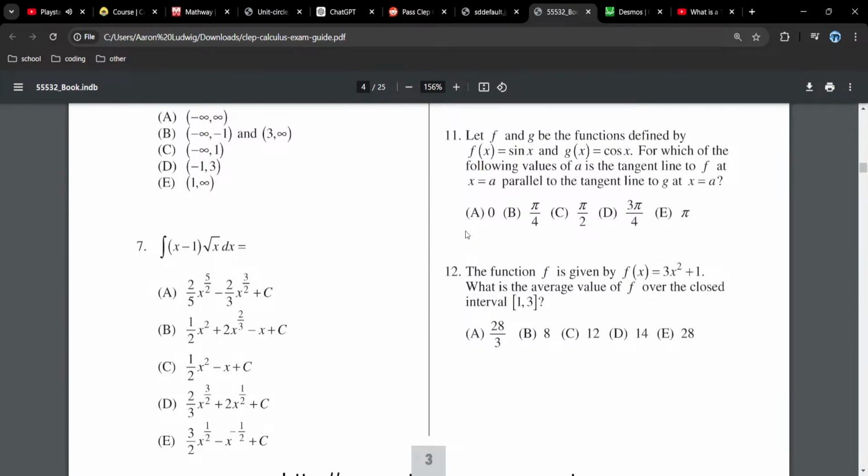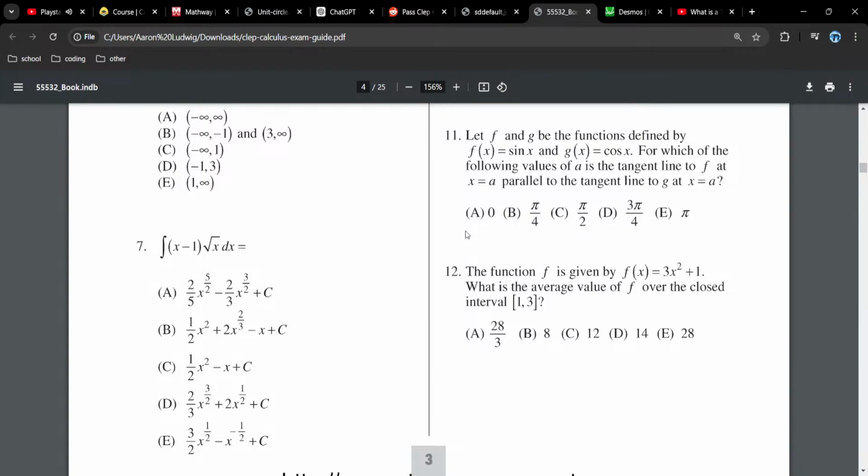We just calculate it: 3 pi over 4 times 180 over pi is equal to what? 540 divided by 4.